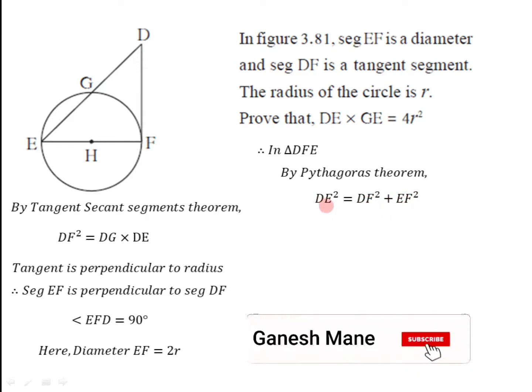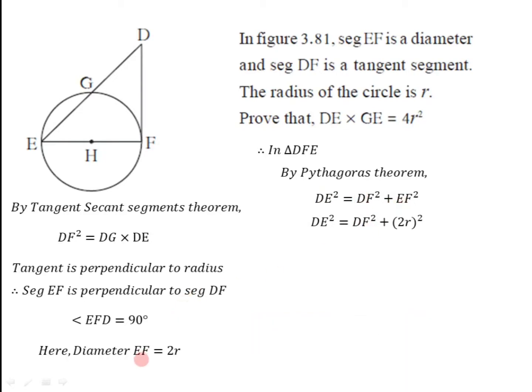EF, that is the diameter, is 2r here. So we'll replace EF by (2r) square. We get DE square is equal to DF square plus, 2 square is 4 and square of r is r square, the term 4r square.